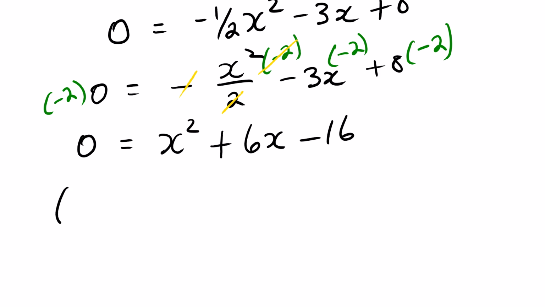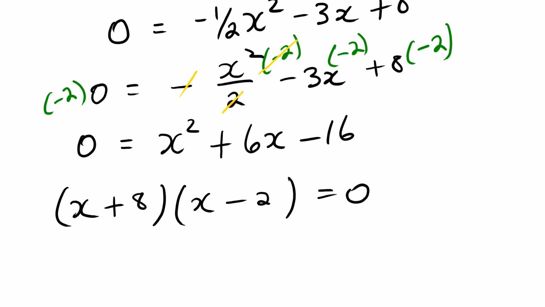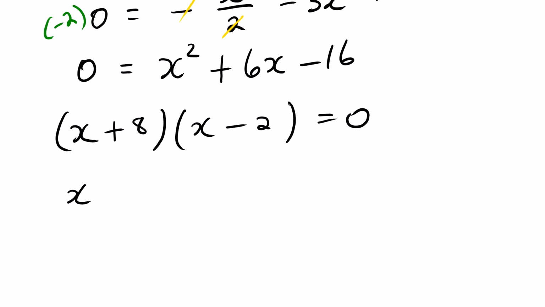And then from here, basically we are solving for x. We factorize. We are looking for two terms that multiply to give -16 and add to give positive 6. Those factors are 8 and 2. And then from here, x is equal to -8, or x is equal to positive 2.